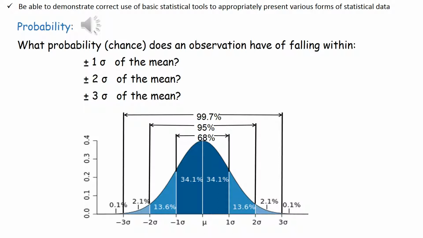The probability of an observation falling within 2 standard deviations of the mean is 95%. And the probability of our observations falling within 3 standard deviations of the mean is just under 100%. This is the likely outcomes for an entire population of samples.